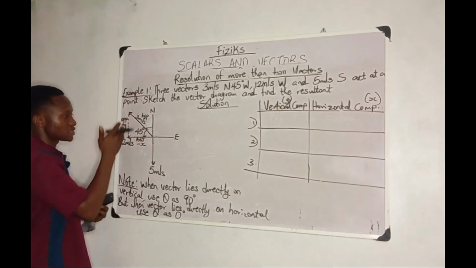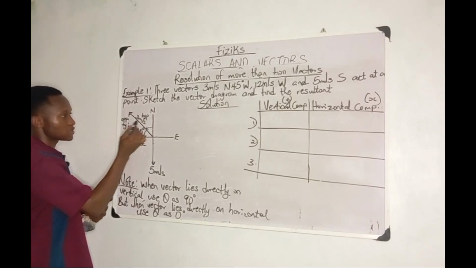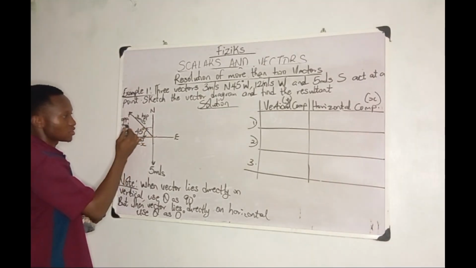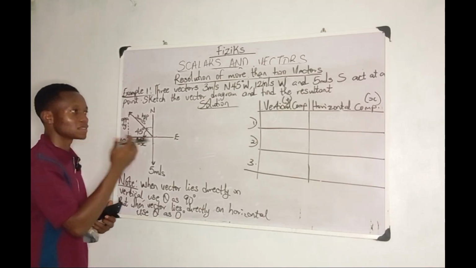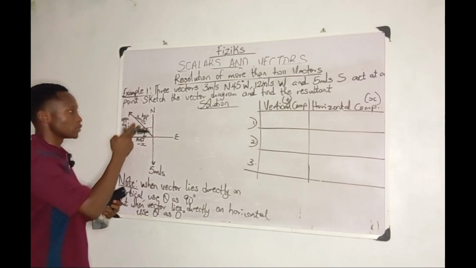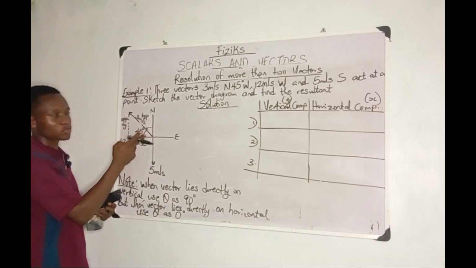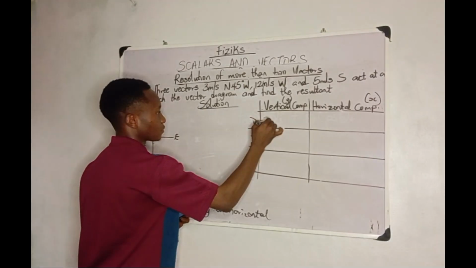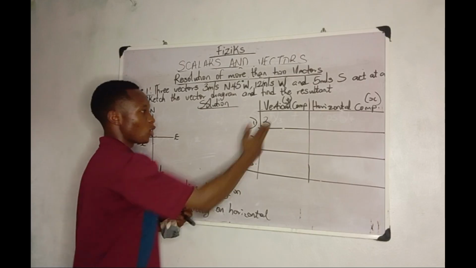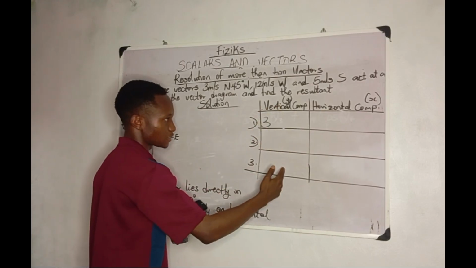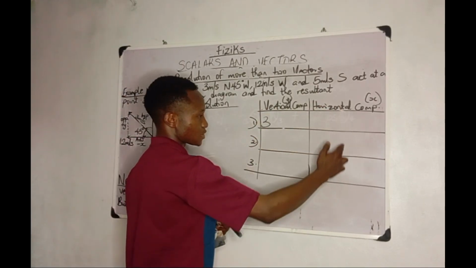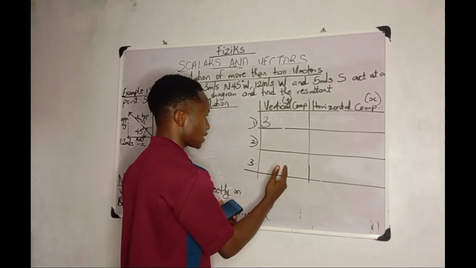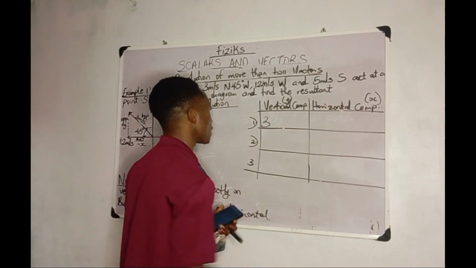So for me to find the vertical, I'm going to be having opposite and hypotenuse. This time around, we're no more going to be putting F1, F2. We'll put the value directly because it was given to us. So for the first one, I'm going to be writing 3. And mind you, all the vertical components carry sine, while all horizontal components carry cos.